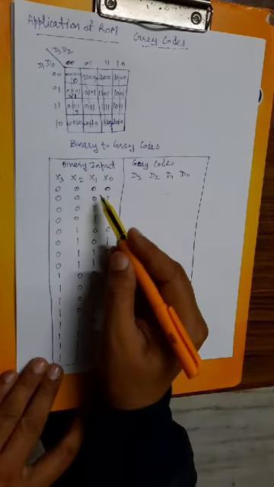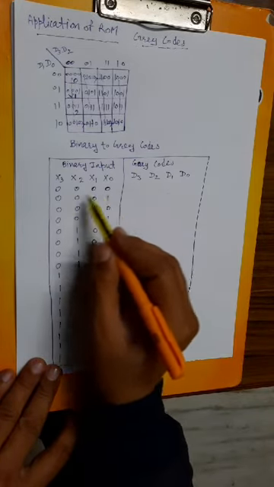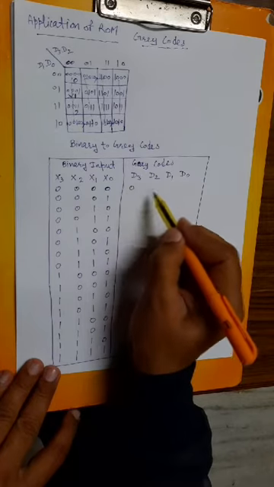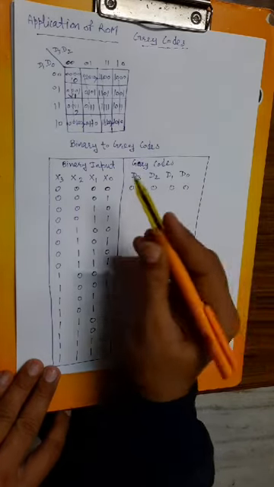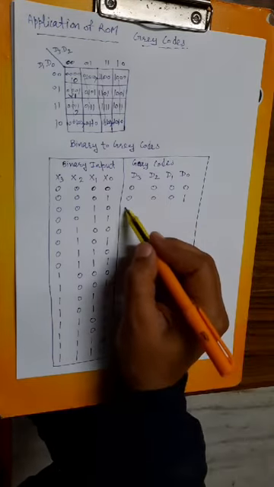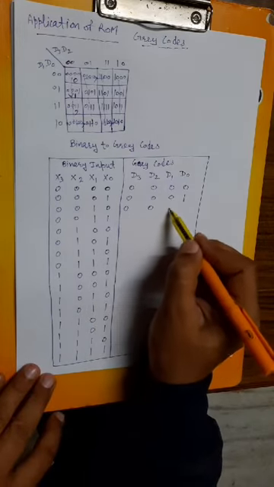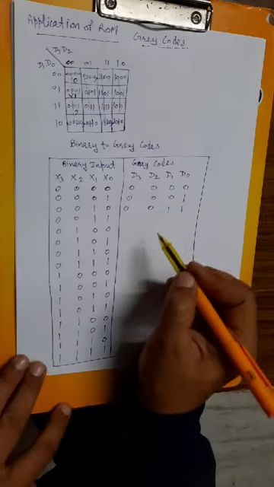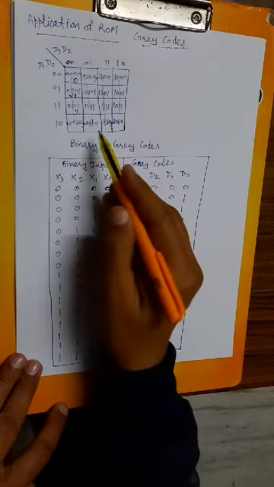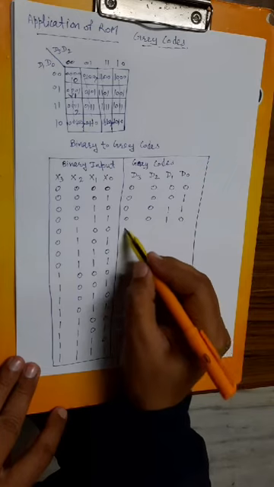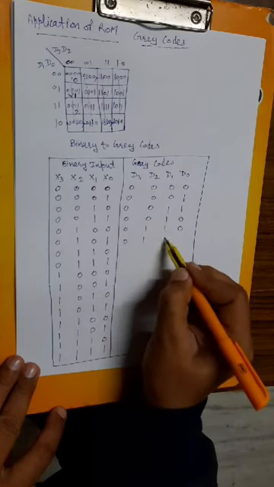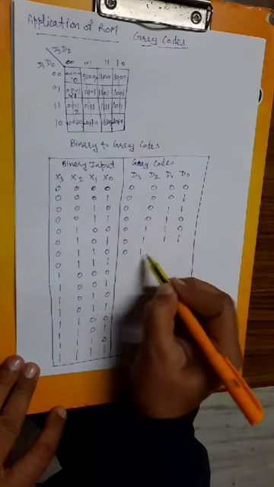So for decimal 0, the gray code combination will be 0000, then 0001, then 0011, then 0010, then 0110, then 0111, then 0101.